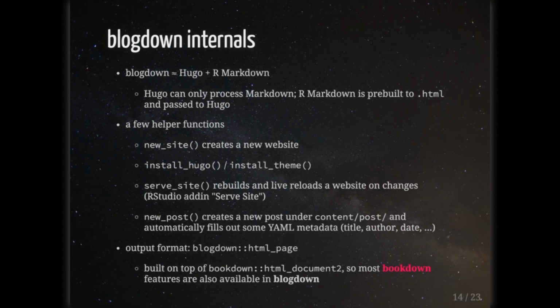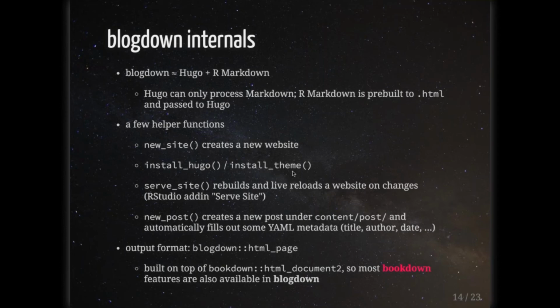And there are a few helper functions in this package. As I have already mentioned, the new_site function, with which you can create a new website, potentially using a different theme other than the default theme. If you have not installed Hugo before, you can use the install_hugo function.